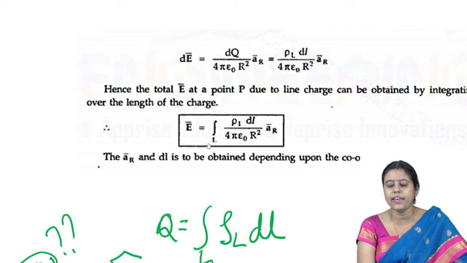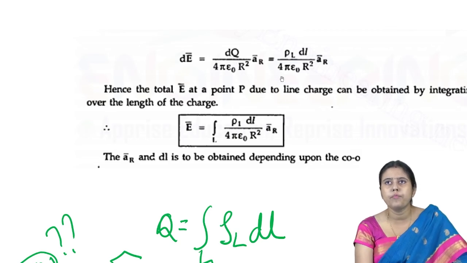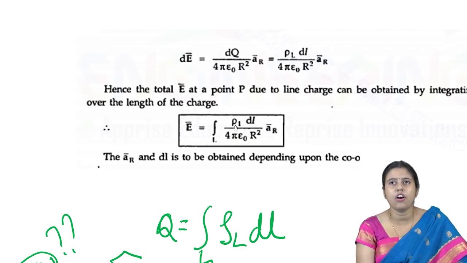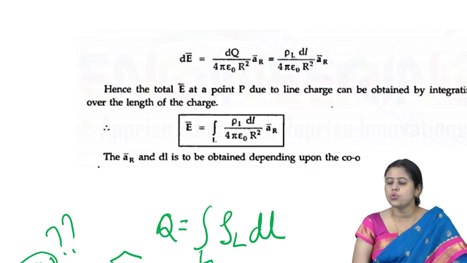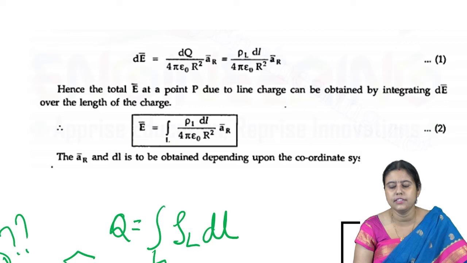So what will be the E? In the place of Q, we are putting rho L dl. So E is the line integration of rho L dl by 4 pi epsilon 0 r square AR. So this is the field intensity due to the line charge.